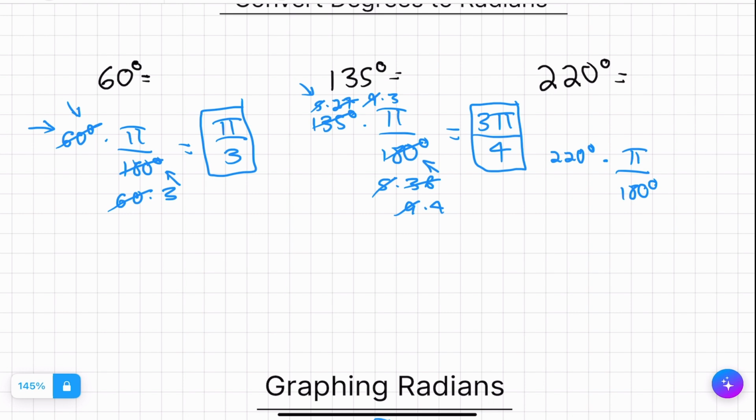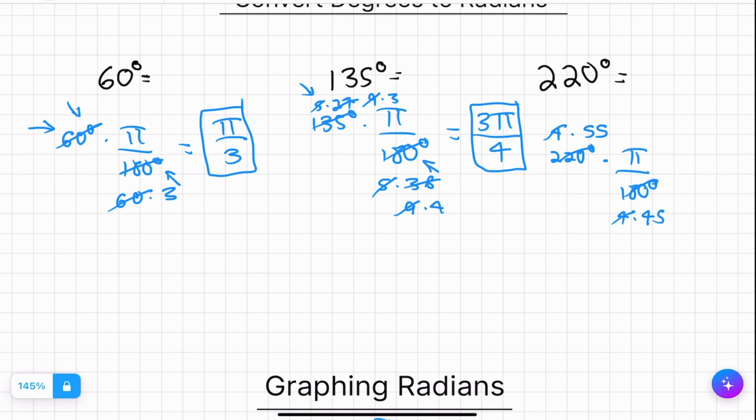We can break 220 and 180 down because they're both divisible by 4. Just as a side note, these numbers are divisible by other numbers as well, so if you broke them down a different way, that's okay, as long as you end up with the correct answer. We can break 220 into 4 times 55, and 180 into 4 and 45.